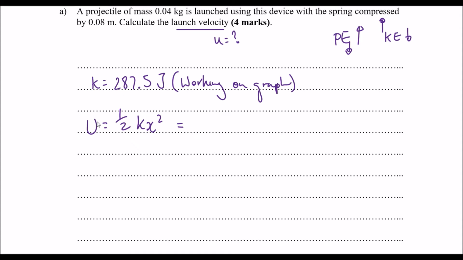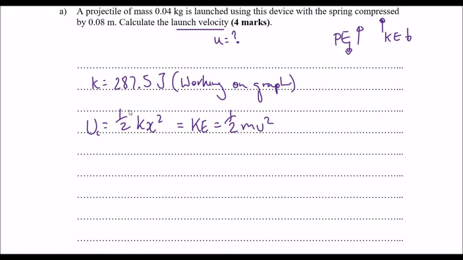So we can say that the potential energy from the compression will be equal to the kinetic energy of the spring coming back out, and that'll be half mv squared. So that v squared will be the velocity at which the object will be launched out.